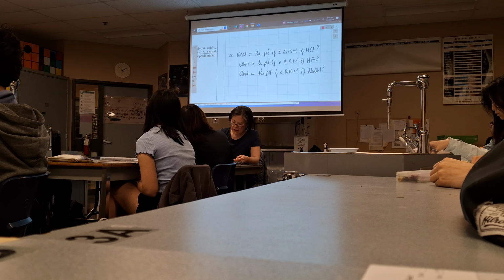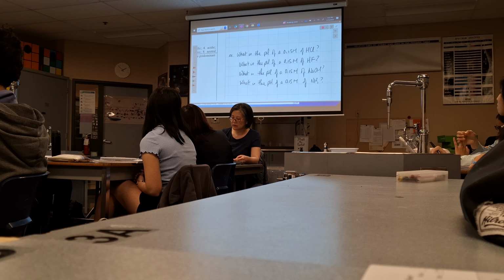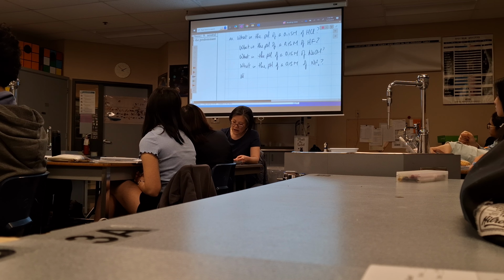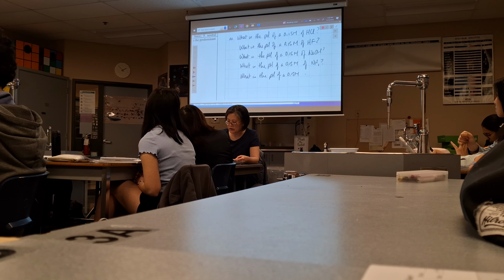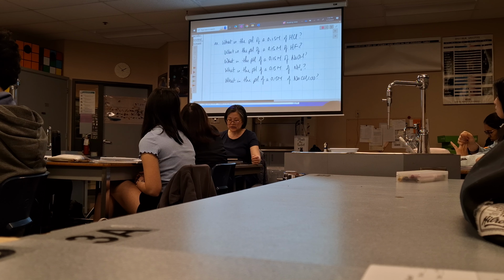And what is the pH of a 0.15 molar of NH3? And now we have, what is the pH of a 0.15 molar of NaCH3COO? Notice all of these questions look exactly the same.